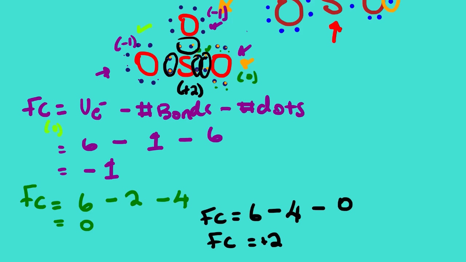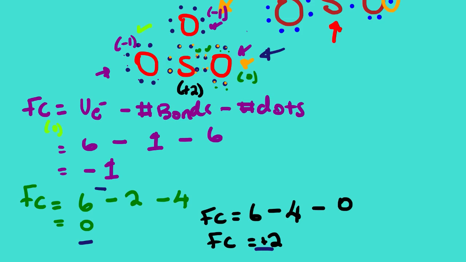Now you should know that if there is another Lewis dot diagram that we can draw for this compound SO3, and when we calculate the formal charges we find numbers which are closer to 0 compared to 2, 0 and -1, it means that Lewis dot diagram will be the best or the correct one.